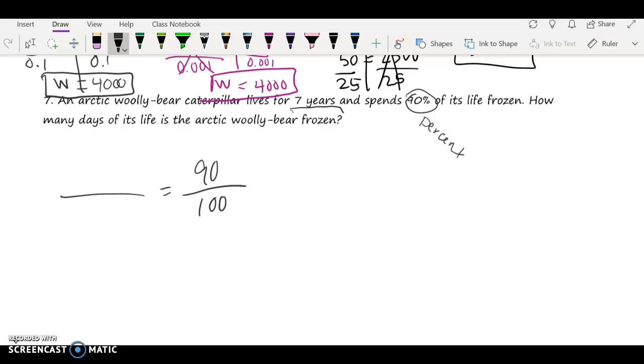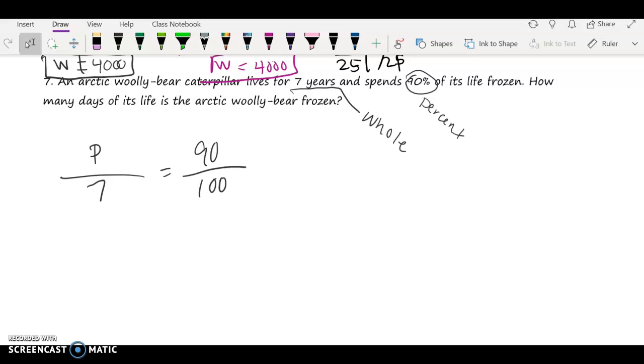Then it says 7 years of its life. This is its whole life. So it only lives for about 7 years. And so that would be my whole number. So that goes on bottom. And I want to know my part. So how long is it actually frozen for? So now I'm going to cross multiply.